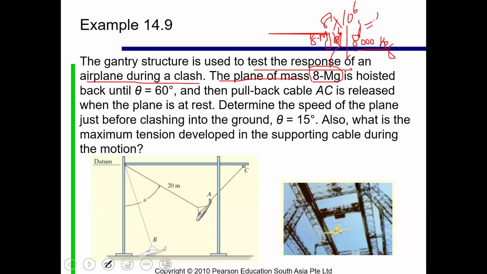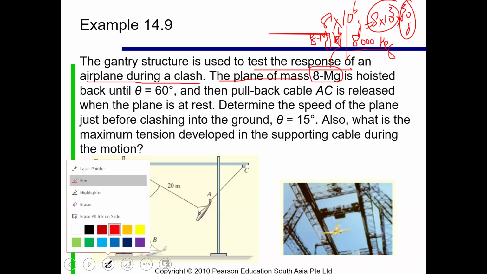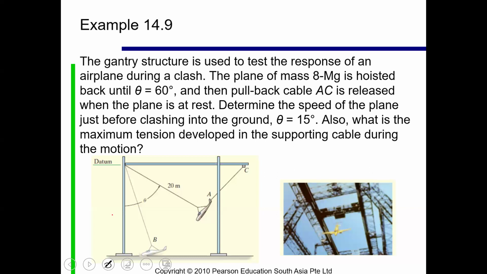I can rewrite it as 8 times 10 raised to power 3 times 10 raised to power 3 grams. Technically this is 8,000, and 10 raised to power 3 grams can be referred to as kgs. So that's understood, right? That 8 Mg is equal to 8,000 kilograms. Is it fine?